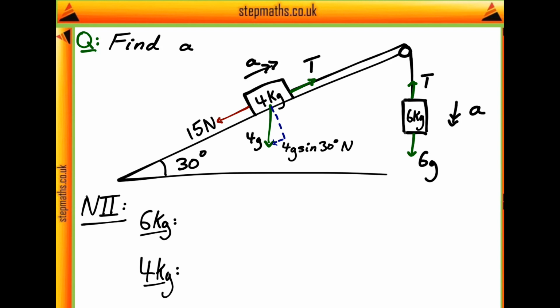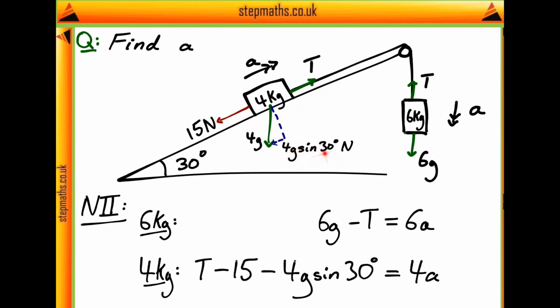Starting with our 6 kilogram mass, since it's a little simpler, the resultant force is our weight 6g minus the tension, and that's equal to the mass multiplied by the acceleration. So resultant force is equal to ma. If we do the same for our 4 kilogram mass, the resultant force is equal to the tension, take away our 15 newtons and our 4g sine of 30 degrees. And again that's equal to the mass multiplied by the acceleration.